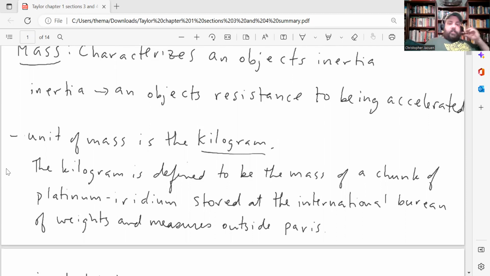It's not like an intrinsic or natural measure. It's just a chosen object that has a specific mass that we choose to use as our unit. So that's the definition of the kilogram.